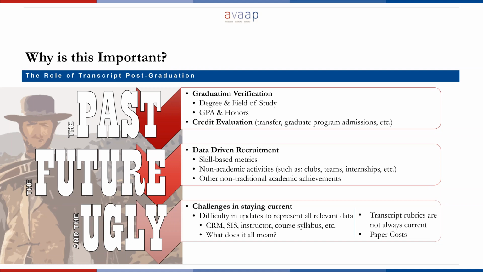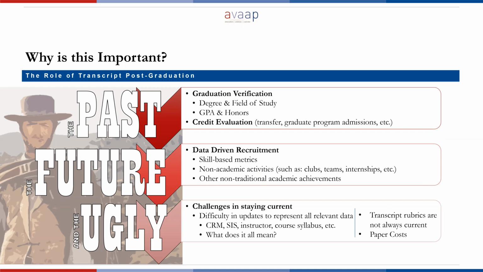However, moving into the future, and we've already seen some of this today, we know that transcripts are going to play a role in data-driven recruitment when students enter the workforce, where skill-based metrics, non-academic activities, and non-traditional academic achievements are going to play more of a role in recruiters sifting through candidates for job openings.